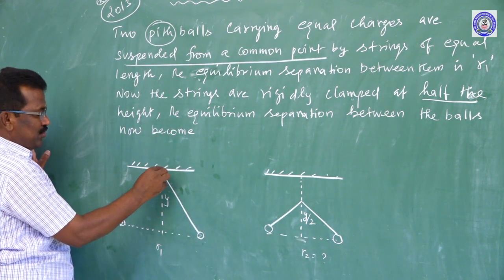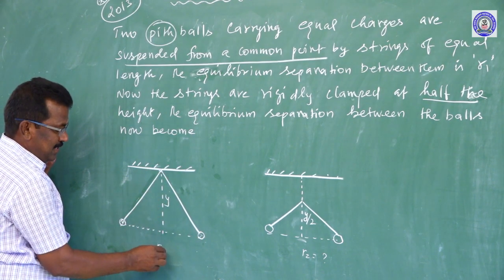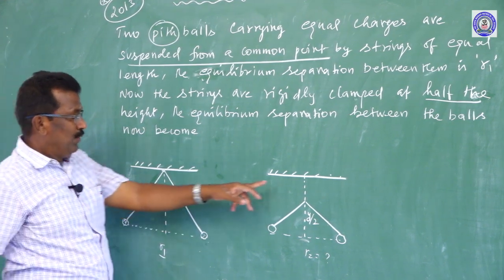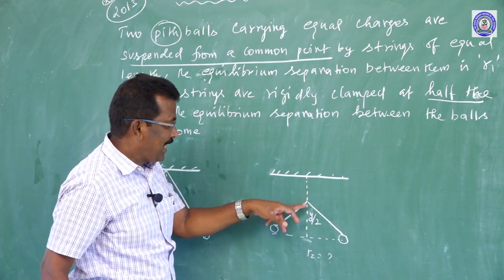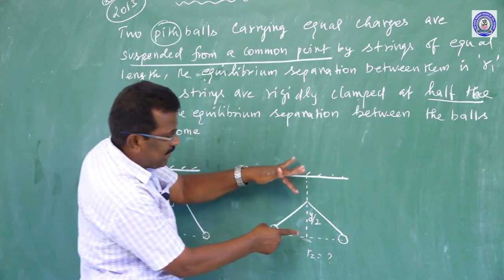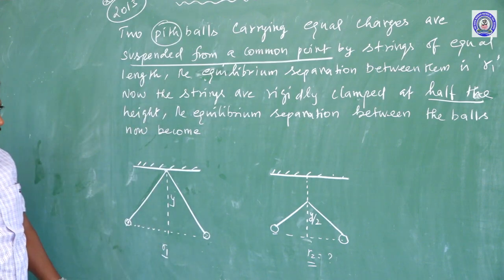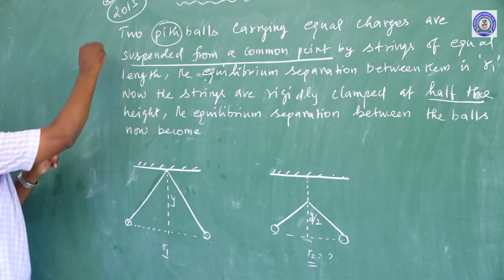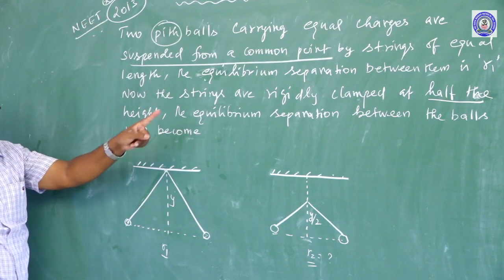See, already the two pith balls are suspended by means of strings whose length is L, separated by a distance R1. Now the same pith balls are clamped at half of the height. The initial height is y. Now the height becomes y by 2. What is the distance R2? This is the question asked in the year 2013 NEET examination. It is based on the previous problem.